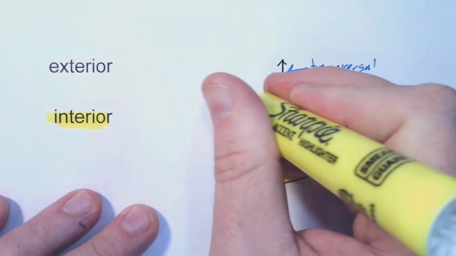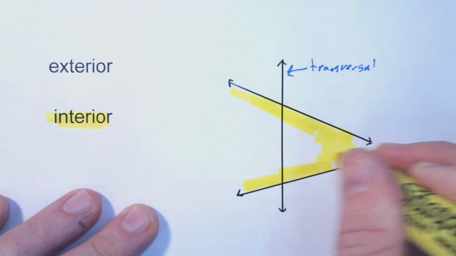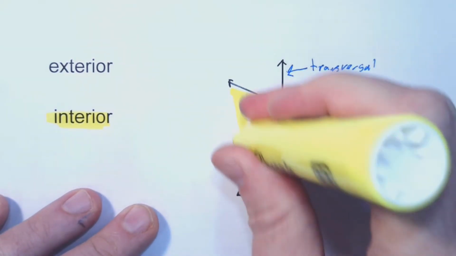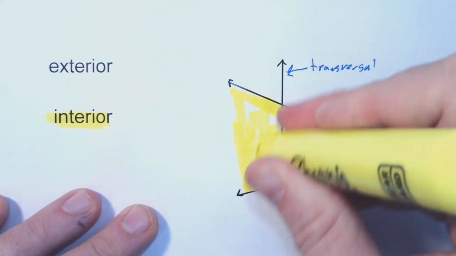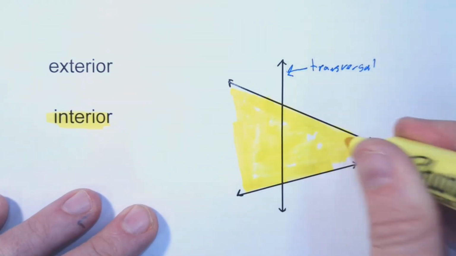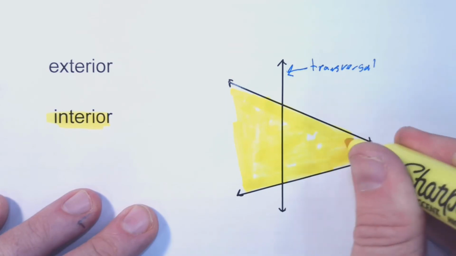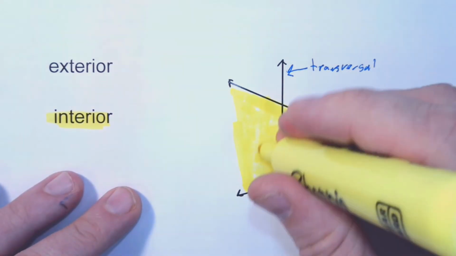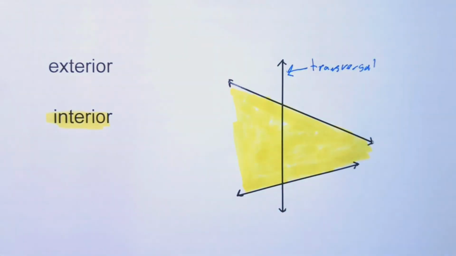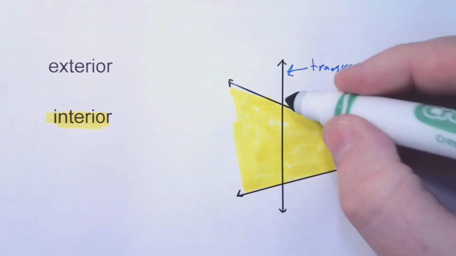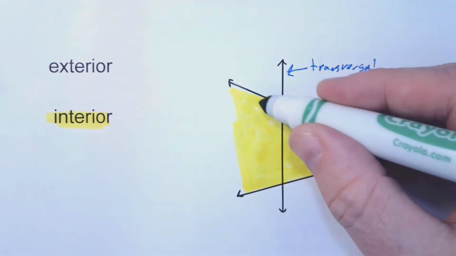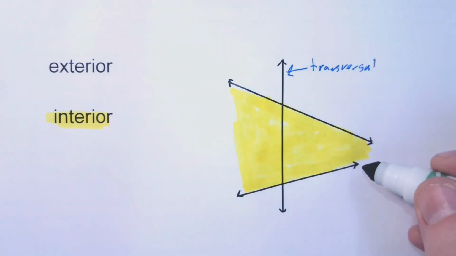Interior and exterior. Some people have a hard time seeing this, so I'm going to color. This probably works a lot better on the internet than it does in class. Okay, so that is interior. Basically, it's all of the parts of the transversal that are in between the two lines.